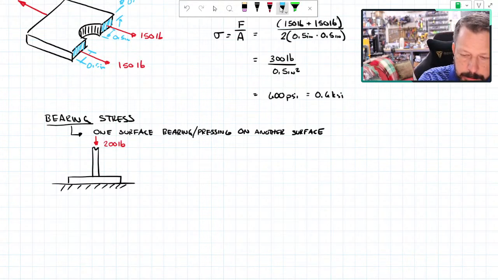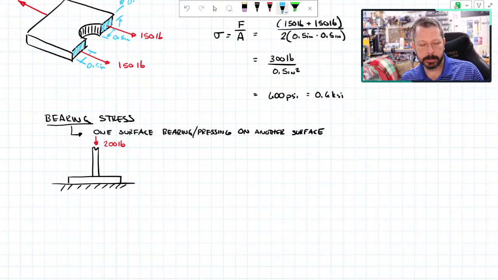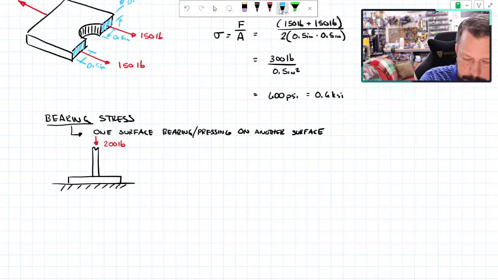So if we don't put this little block under there, that 200 pounds gets applied to the ground in a really small area, however big the chair leg is. But when we spread it out, that area becomes bigger. Maybe we can draw, let's see.